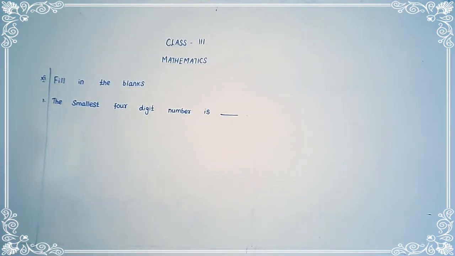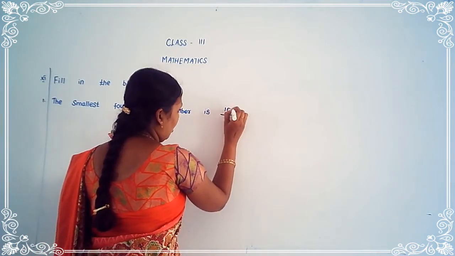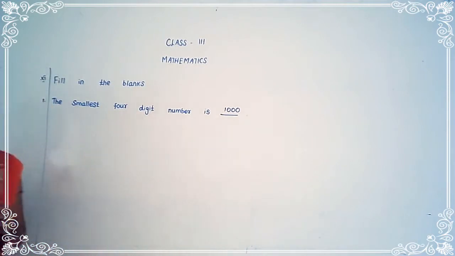The smallest 4-digit number is 1000. Yes, ma. The smallest 4-digit number is 1000.